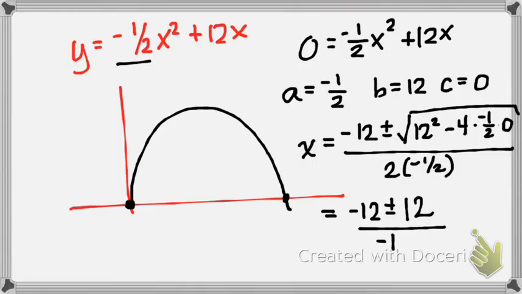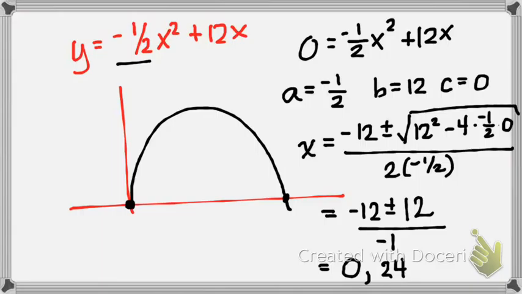Now we get -12 plus 12 divided by -1, which is 0. And -12 minus 12 divided by -1, or in other words, -24 divided by -1 is +24.